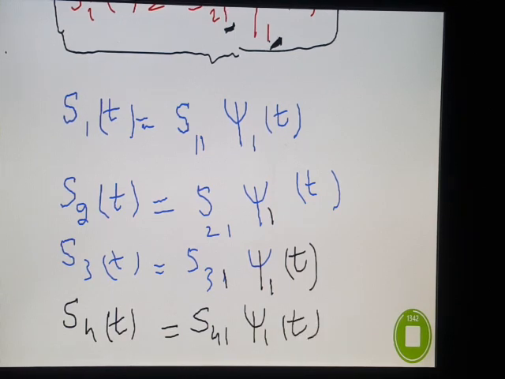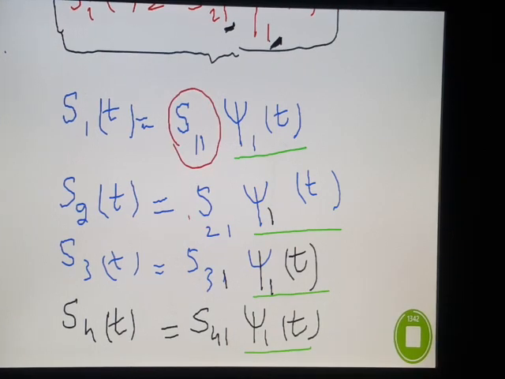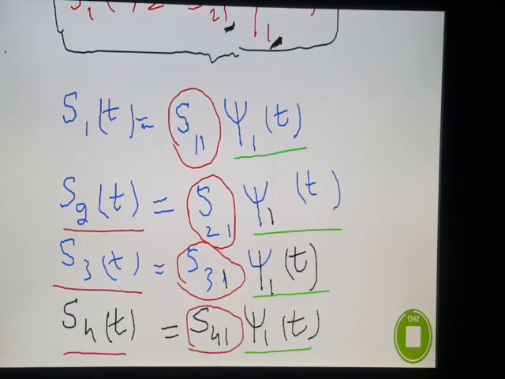So we have just one basis function to represent all the four signals, and they differ just by their amplitude. This is the amplitude scaled version of psi 1. So these are the four unique amplitude shift keying signals, and each differs by the amplitude level only.